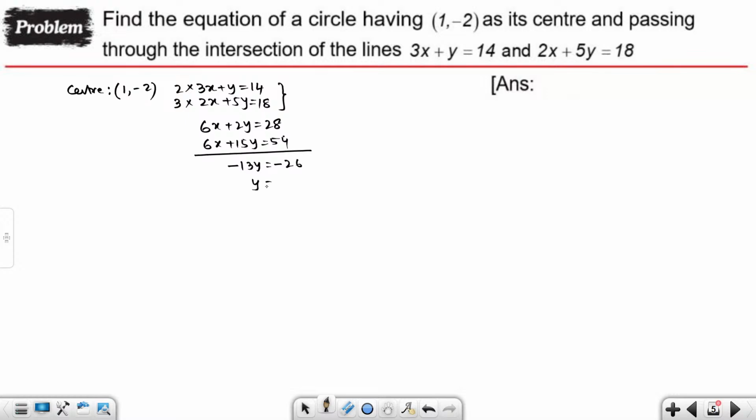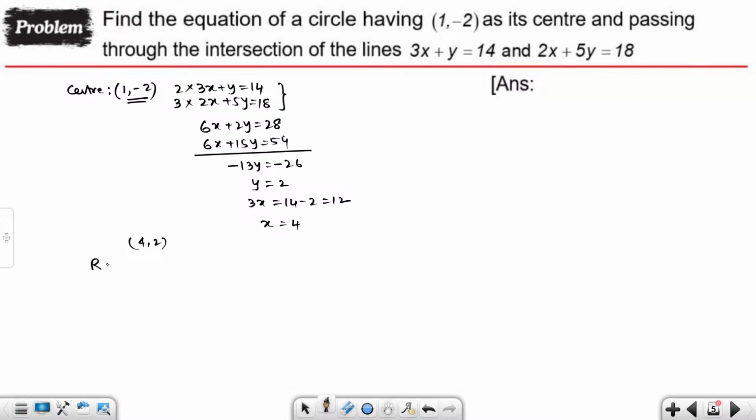That gives us y is 2, right? If I put y over there, we are getting 3x as, so x is coming to 4. Therefore, the circle is passing through the point 4, 2, and its center is 1, minus 2.